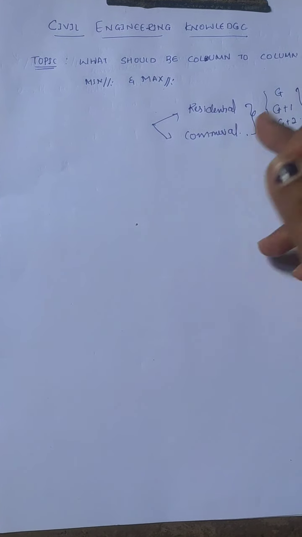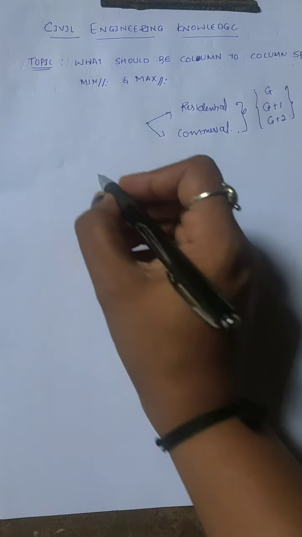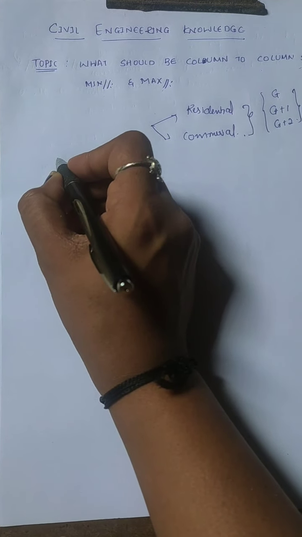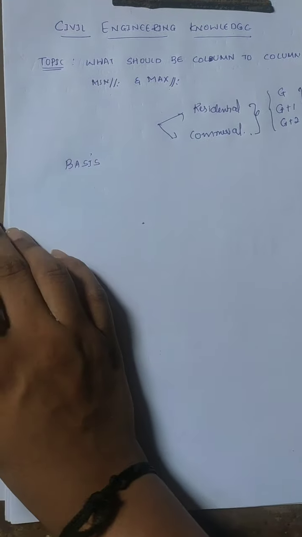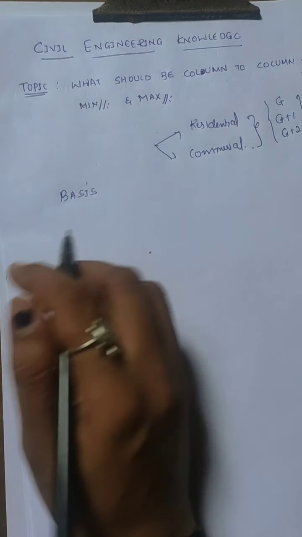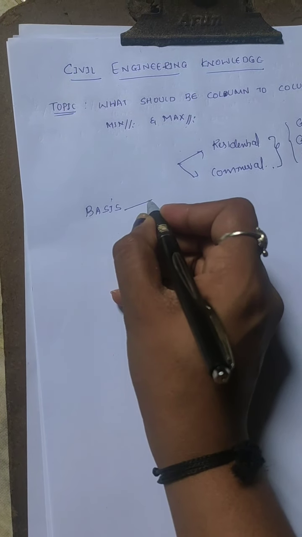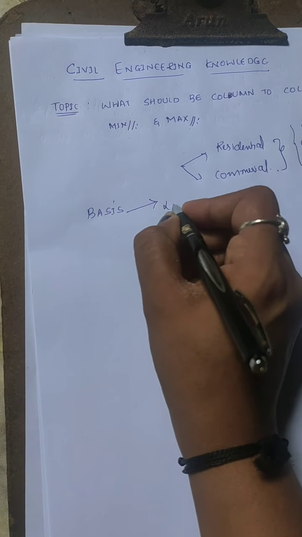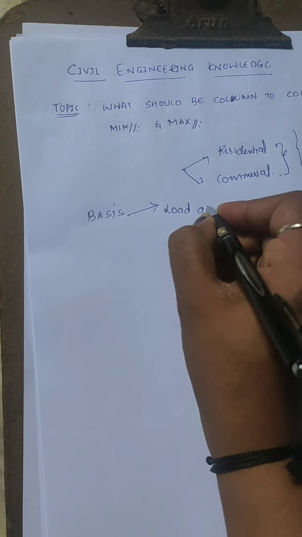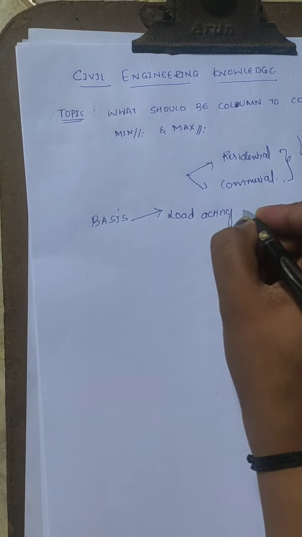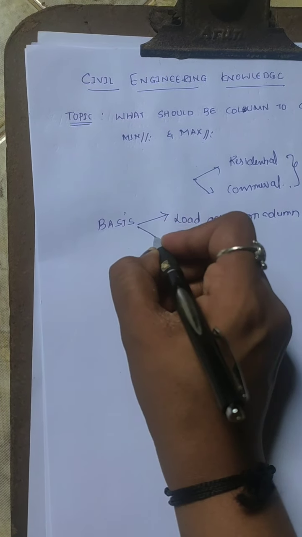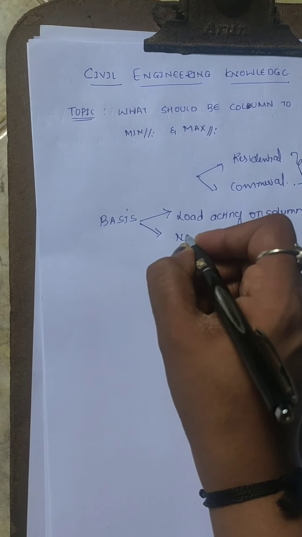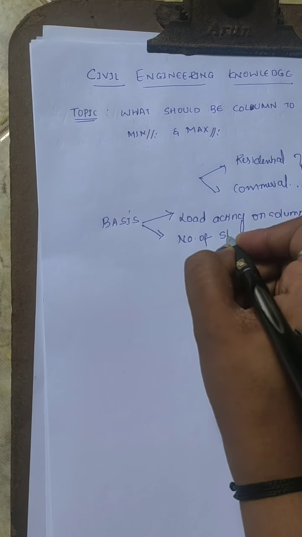Okay, so now the question comes, on what basis is column spacing decided? One is depending upon the load acting on the column, and also depending upon the number of stories.